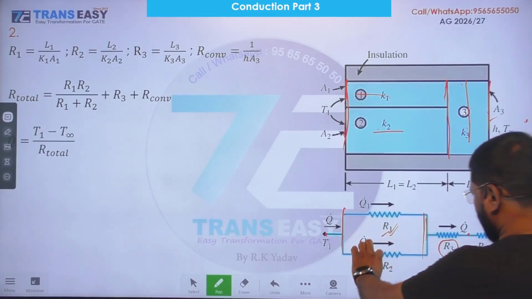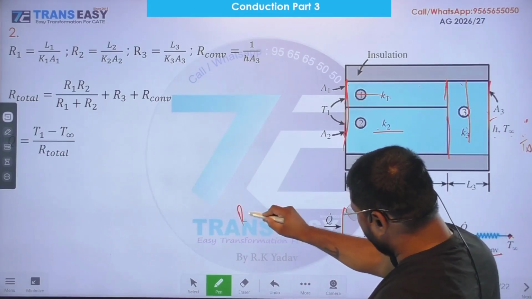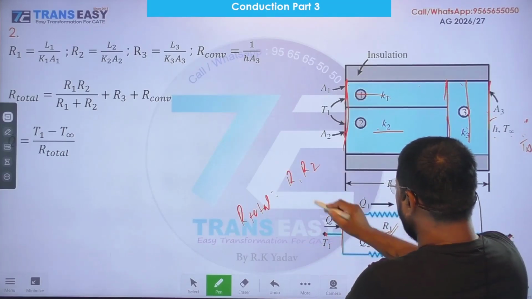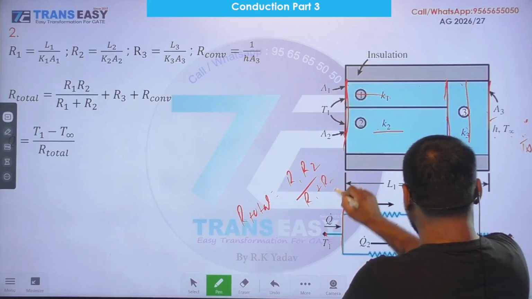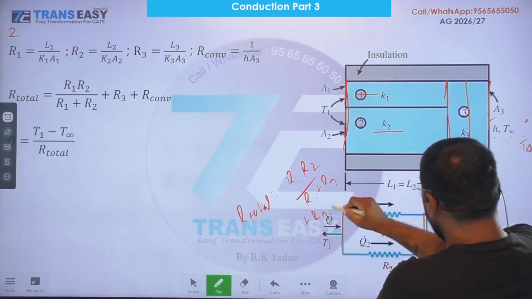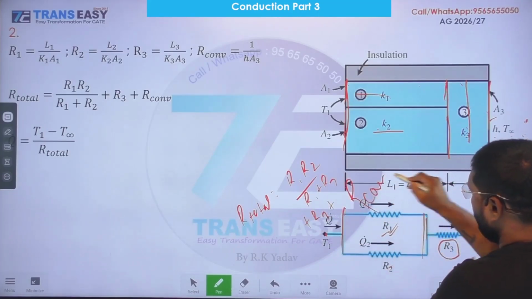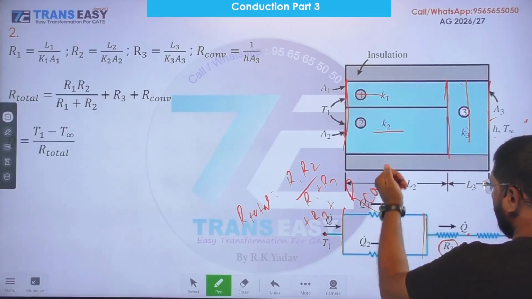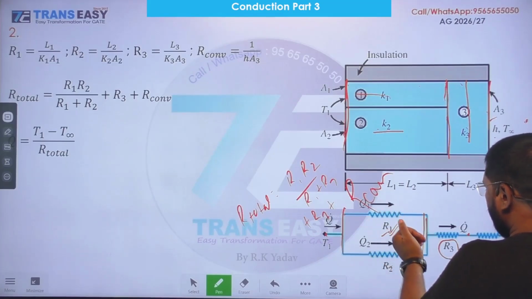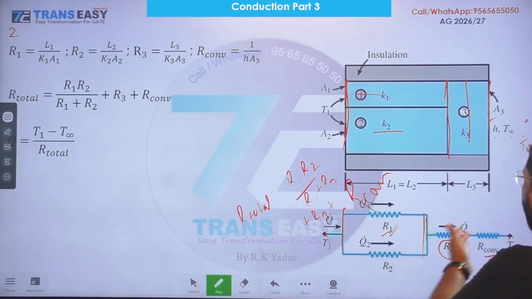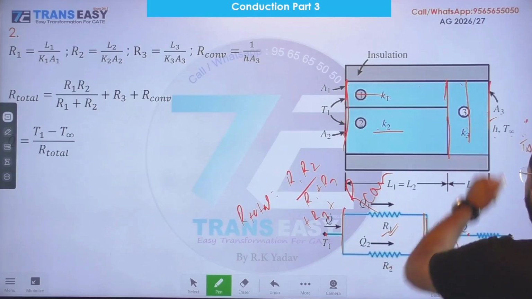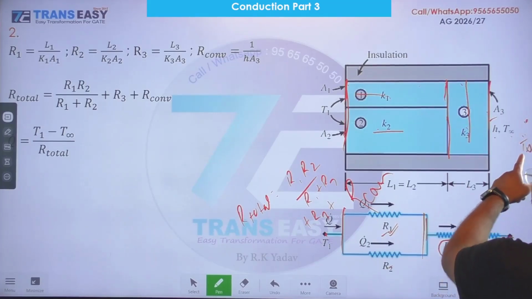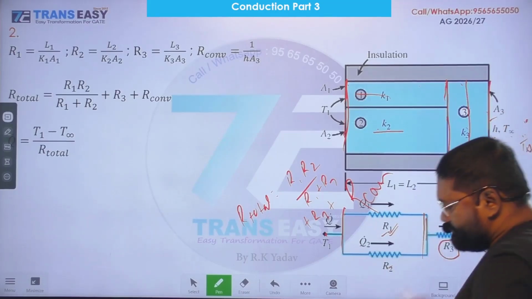Very simple. How will you calculate the total resistance? R total, we can easily calculate: R1 R2 upon R1 plus R2 plus R3 plus R convective. R1 we know very easily, L1 upon K1 A1, R2 is L2 upon K2 A2, R3 is L3 upon K3 A3, R convective is 1 upon h A3.